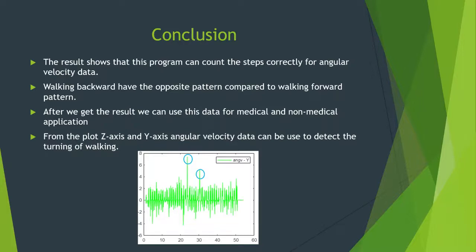The next is that walking backward has the opposite pattern compared to walking forward. After we get the result, we can use this data for medical and non-medical applications. And from the plot, the z-axis and y-axis of angular velocity data can be used to detect the turning of walking.